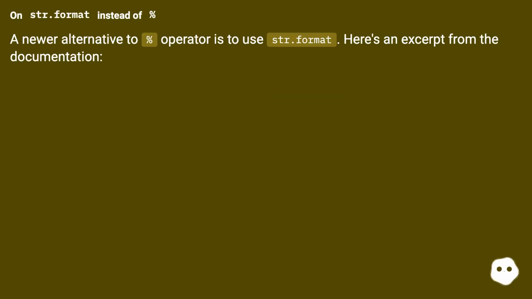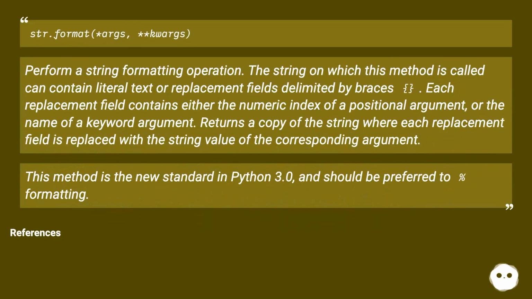On str.format instead of %. A newer alternative to the % operator is to use str.format. Here's an excerpt from the documentation. str.format(*args, **kwargs) performs a string formatting operation. The string on which this method is called can contain literal text or replacement fields delimited by braces.